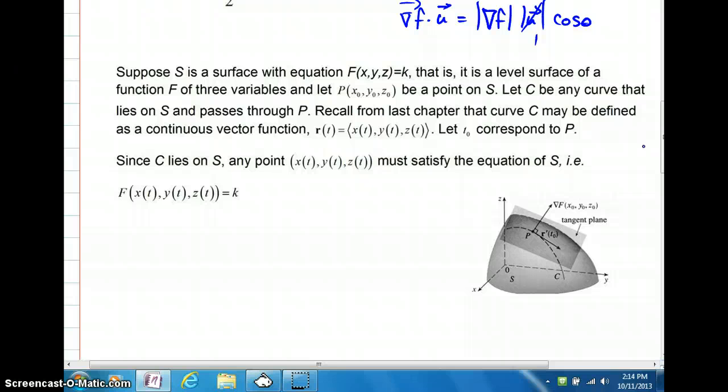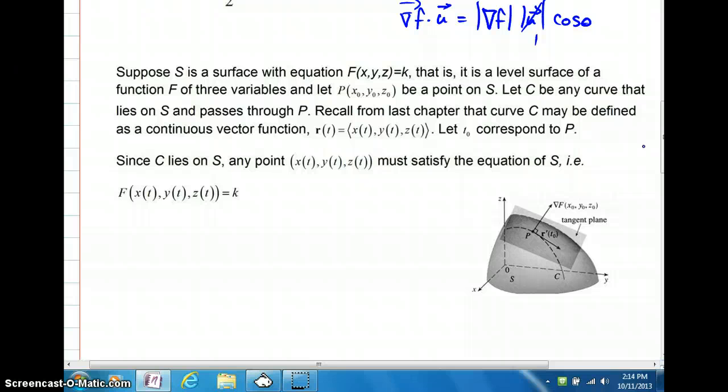But we could look at level curves. We could say, let's say that k is some constant. Let k be set equal to our function. And then this picture right here on the screen could represent a level surface. Let's say that there is a point, x naught, y naught, z naught, call that point P, on this surface.